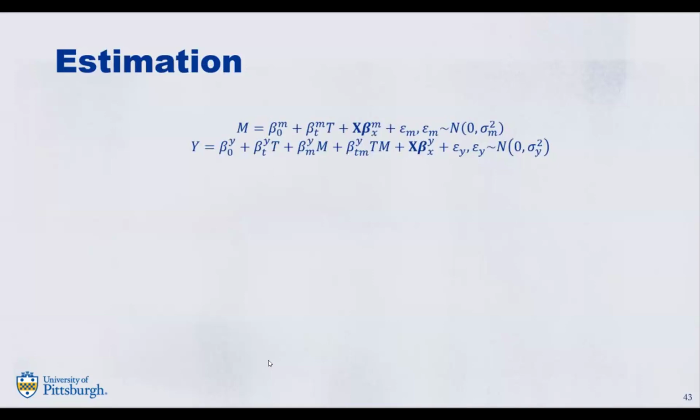So now, in order to estimate the effects, again, we focus on regression here. Here are the models that we use for the estimation of the indirect and direct effects, as we introduced earlier under the section of causal mediation analysis.